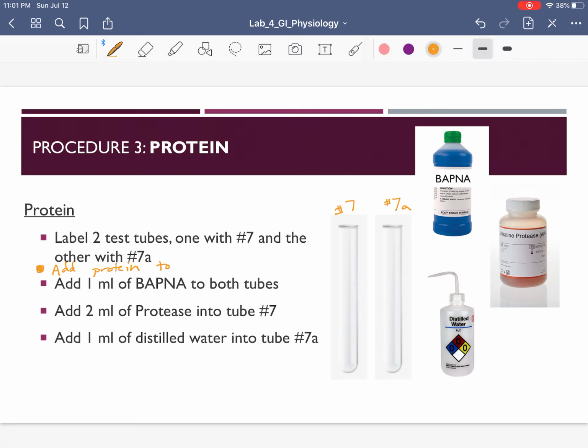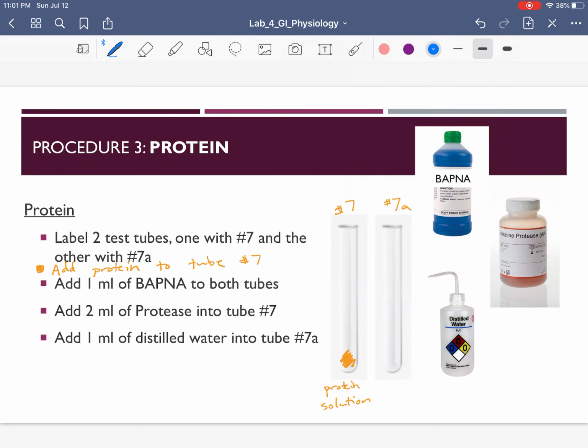We're going to add the protein to tube number 7. Again, I apologize for the mistakes. I'm so used to doing this in person. Okay, to test tube 7, we're going to add our protein solution. Something that we know has protein in it.